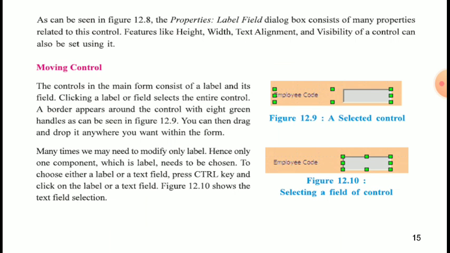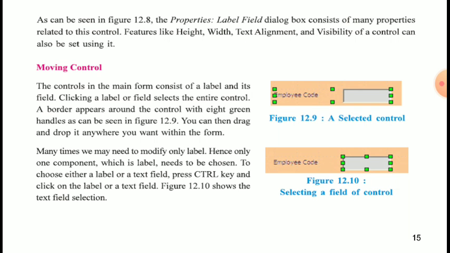Moving control. The control in the main form consists of a label and its field. Clicking a label or field selects the entire control. A border appears around the control with 8 green handles, as can be seen in figure 12.9. You can then drag and drop it anywhere you want within the form.